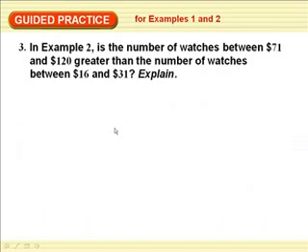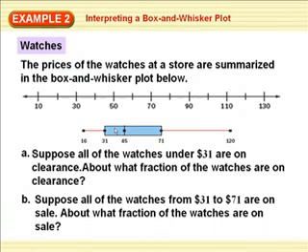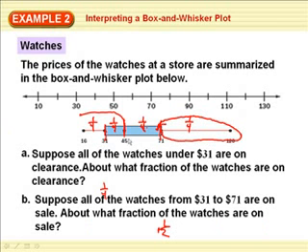In example 2, is the number of watches between 71 and 120 greater than between 16 and 31? Let's go back to that. Between these right here, they want to know if these right here are greater than 16 and 31.